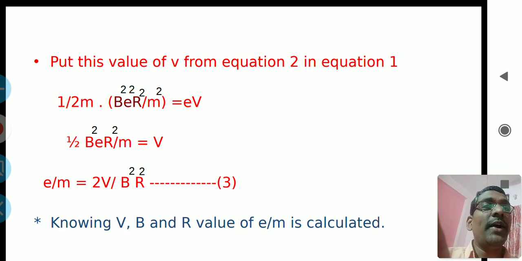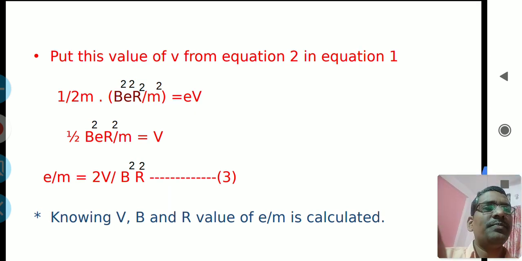Now what we have to find out? We have to find out the value of e by m, that is the charge to mass ratio for the photoelectrons. So just find out the value of e by m and take the remaining quantities to the right hand side. So e by m is equal to 2V divided by B square R square, which is equation number 3.